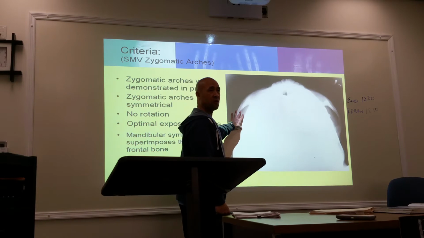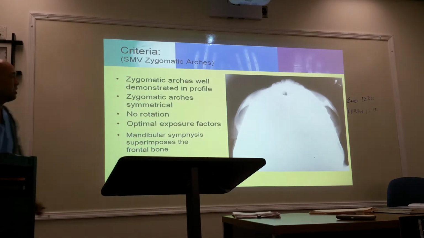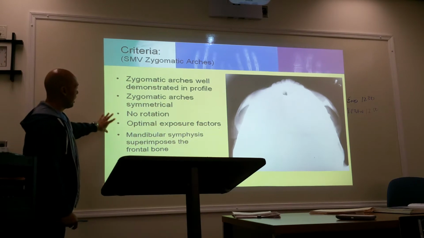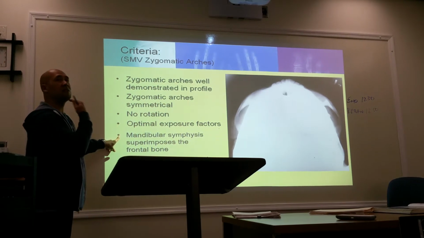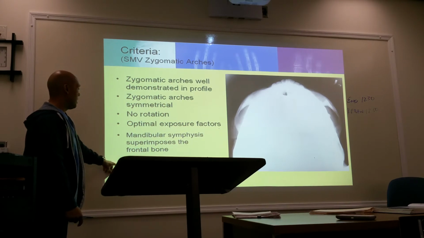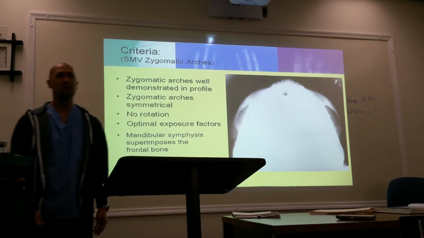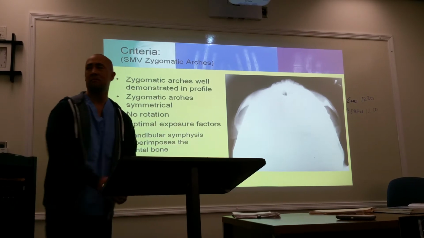So again, for a good SMV, you should see both. No rotation, optimal exposure. The mandibular symphysis is going to be superimposed over the frontal bone. The arches are symmetrical. They're also called jug handles. I think some of you were already using that term, jug handles, right?